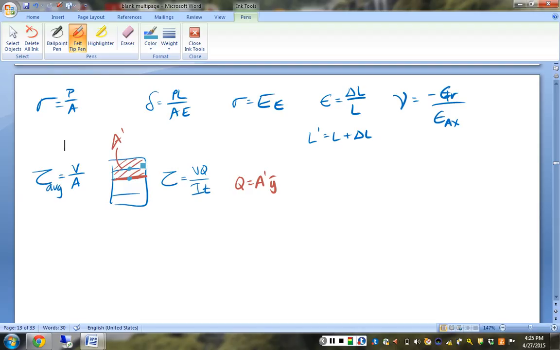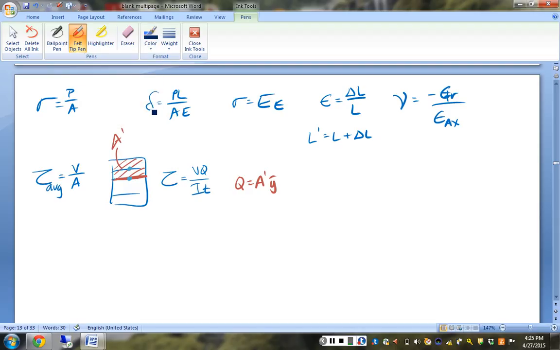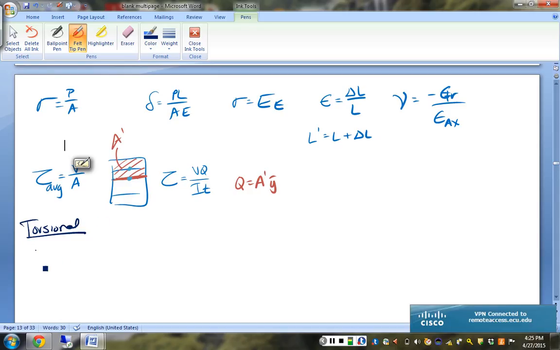We can also have our torsional shear forces. So applied torques, what kind of stress do those cause? Shear stresses.